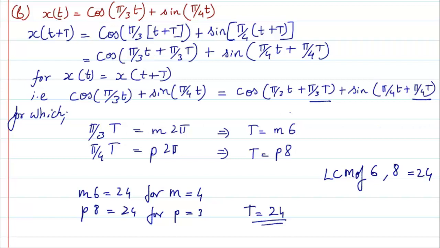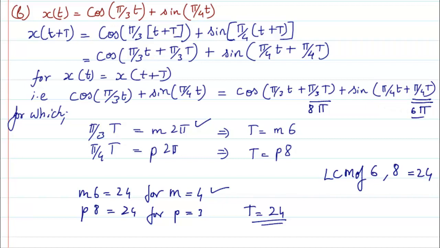That means for this case, when I put m equal to 4, this value will become 4 into 2 into pi, which is 8 pi. And if I put the value of t equal to 24 here, then I will get 6 pi.